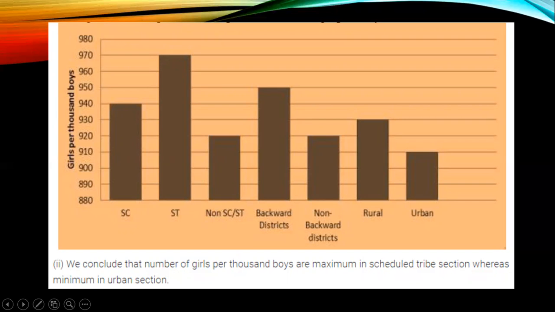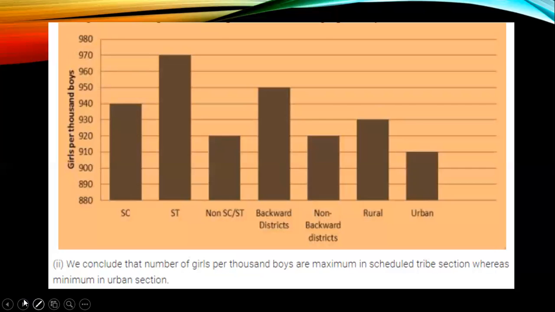From this we can conclude that the number of girls per thousand boys is maximum in the scheduled tribe section, whereas it is minimum in the urban section. Give a thought to this and try to find out why this is happening in the urban section, wherein we have fewer girls per thousand boys.